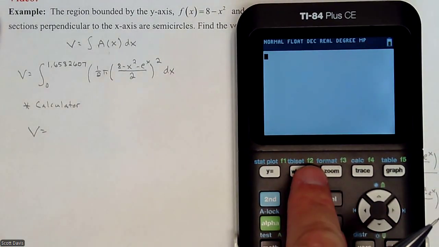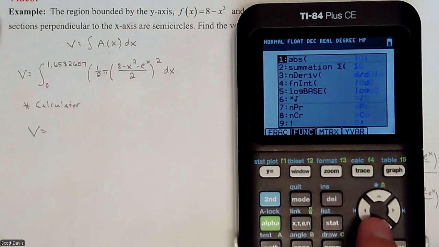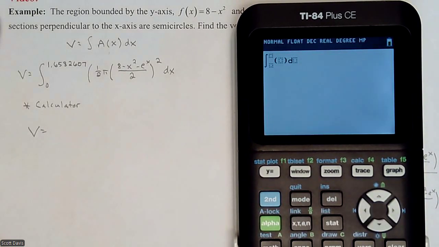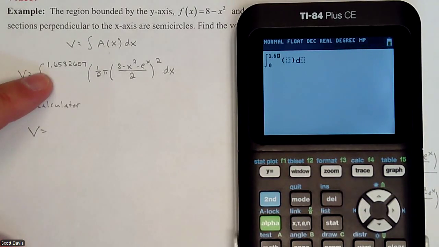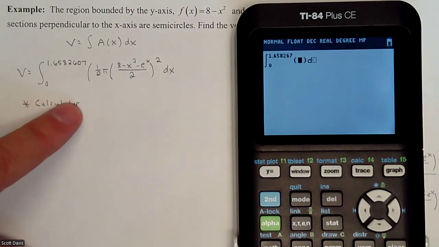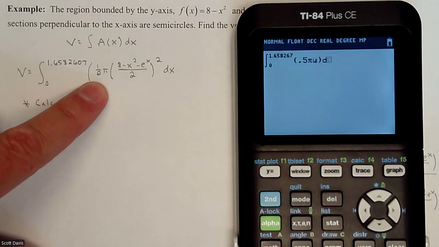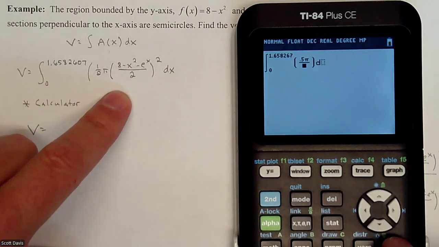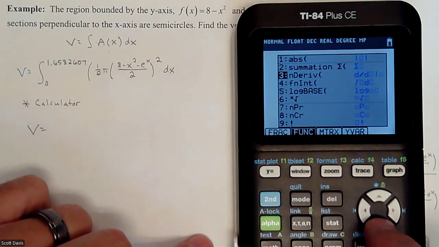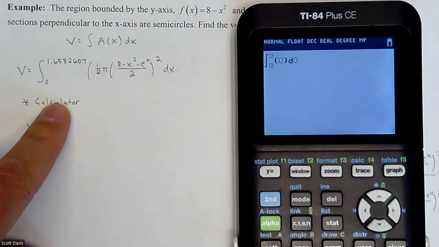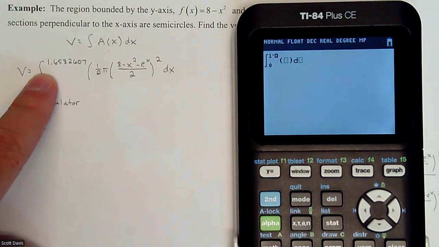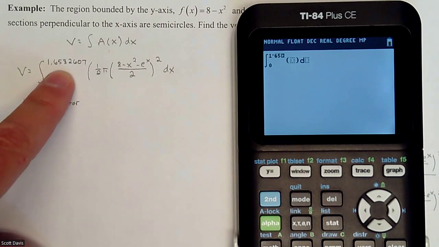So I'm going to go to F2, green F2, and down to my integral, and I'm bounded by 0 to 1.6582607.